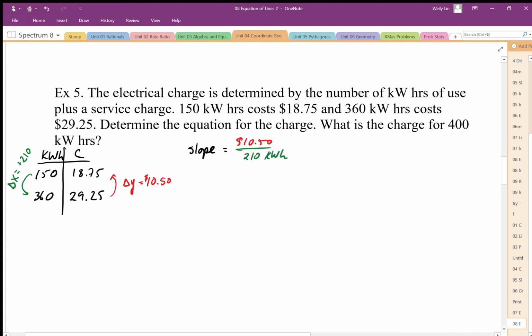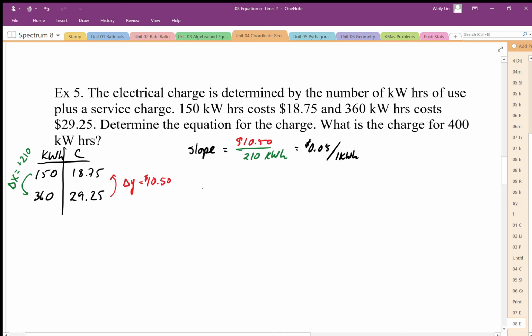My unit rate works out when I divide that: 10.5 divided by 210 gives me 0.05. And that represents dollars per 1 kilowatt hour. So every kilowatt hour costs me about 5 cents. So there's my rate.